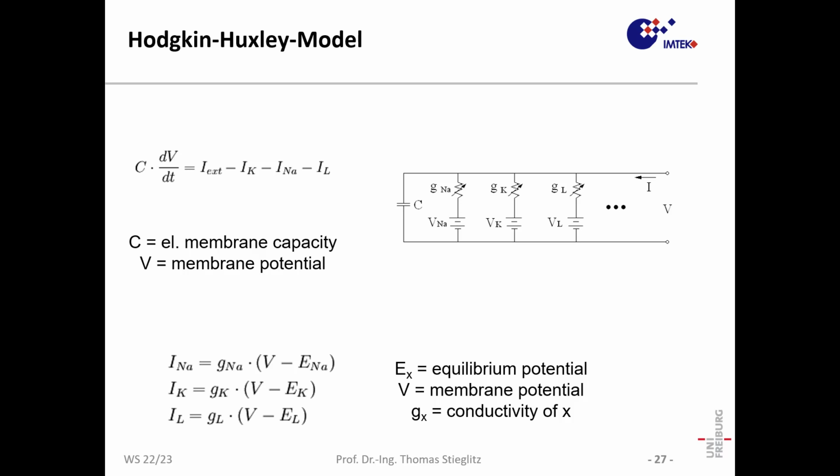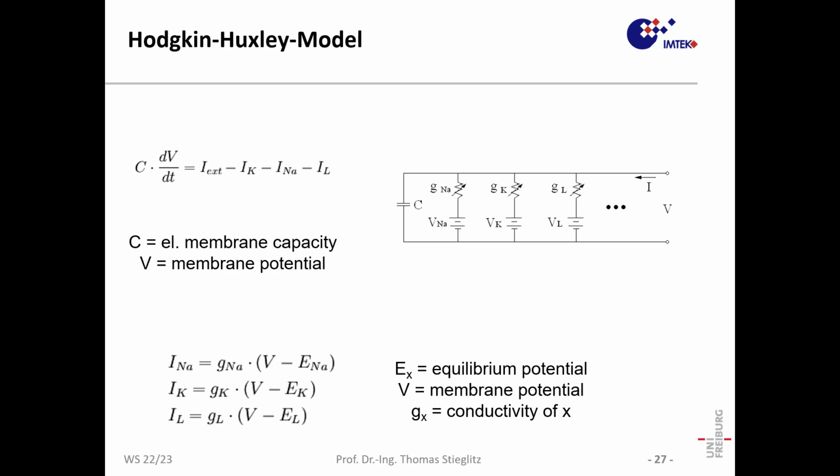So that was not something where you could do simulations forever and say, oh, this is the truth. So they did experimental settings on giant squid axons, and then made their mathematical model and then simulated a little bit to find out the right parameters, and that brought them to the Nobel Prize.